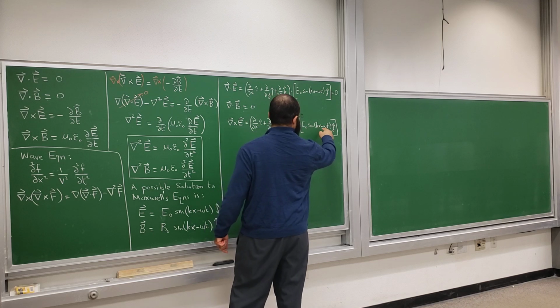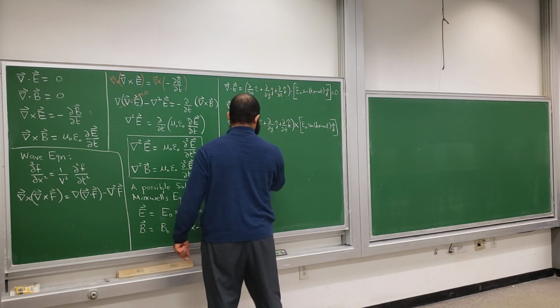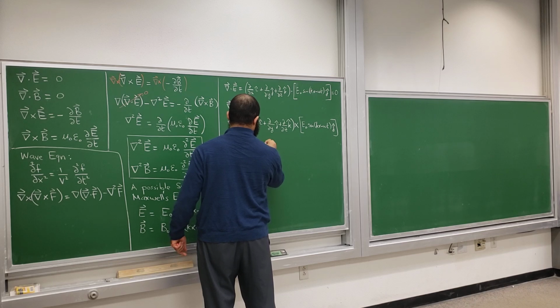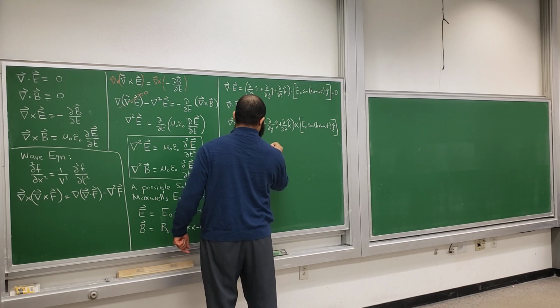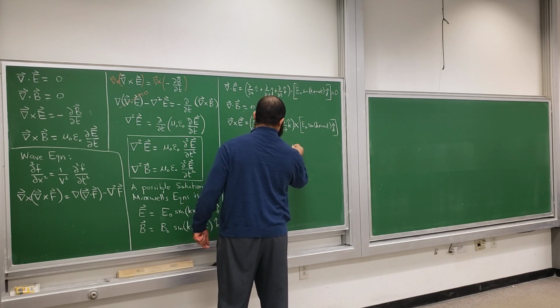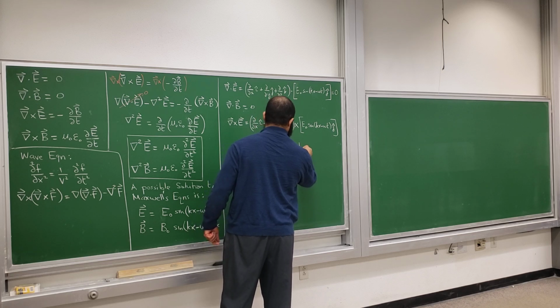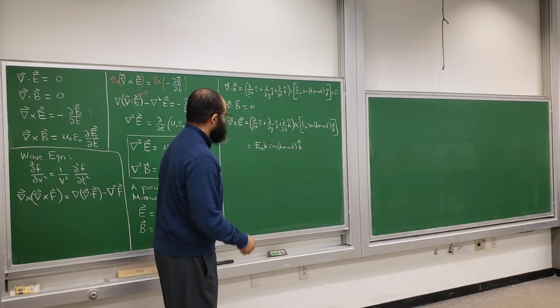Yes, the derivative with respect to x will bring a k out, and then it becomes a cosine. So it becomes E naught times k times the cosine of kx minus omega times t. And then we said it's in the k hat direction, right?